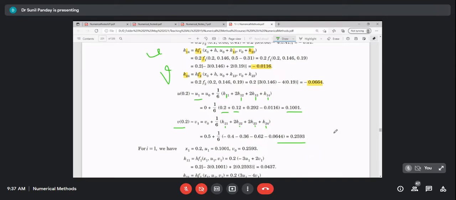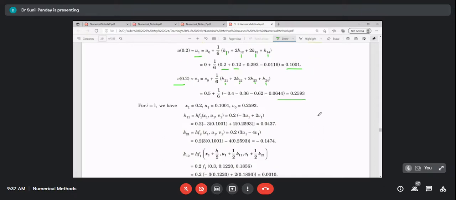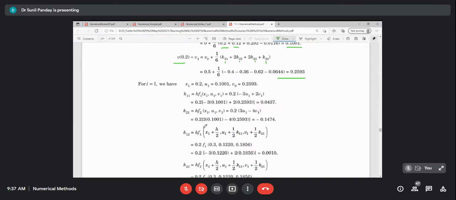So we have run one iteration, and now we use one more iteration to get the value of y at 0.4. In the same way you can do it, but now wherever there is x naught in the earlier step, it is replaced by x1, and wherever there is u naught, it is replaced by u1.